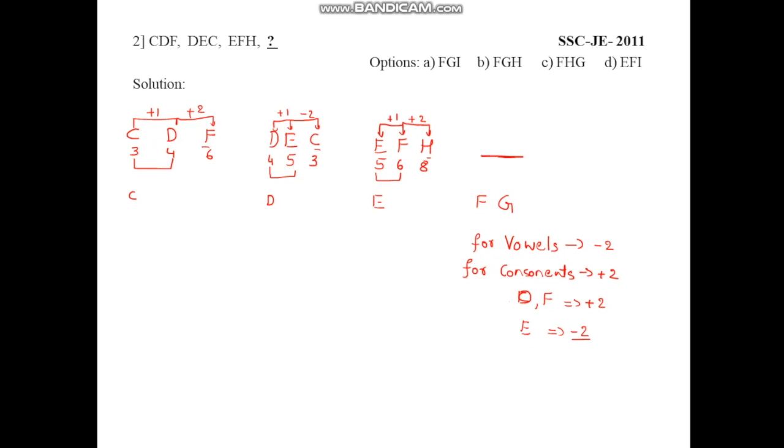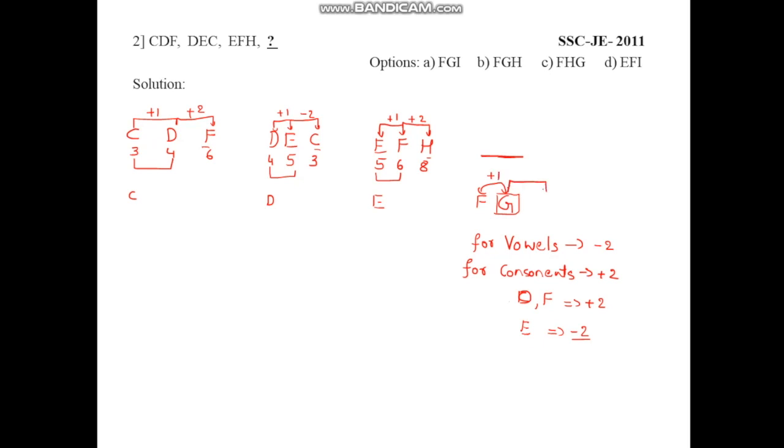In the third group, the third letter is H, second letter is F. So here also in the group of F and G, G is a consonant, it is not a vowel. So F to G it is +1.